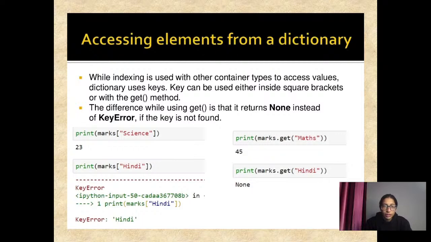If we use the square bracket, a key error is raised in case the key is not found in the dictionary, but the get method returns none. The difference while using get is that it returns none instead of a key error if the key is not found.